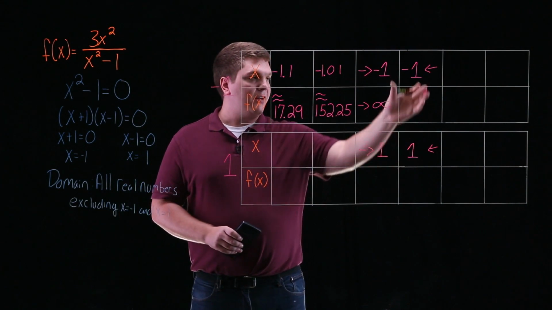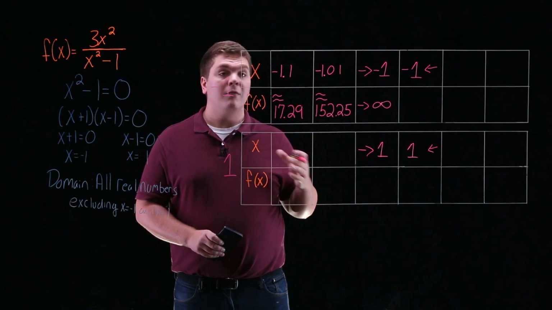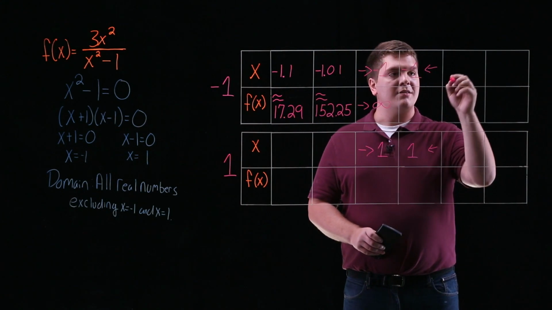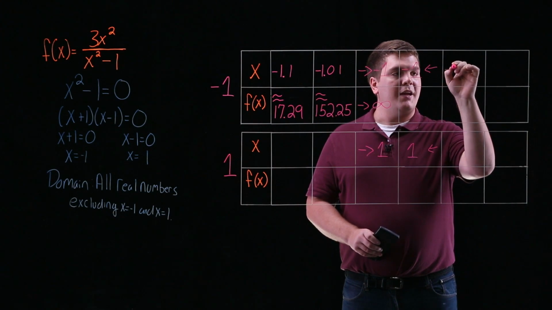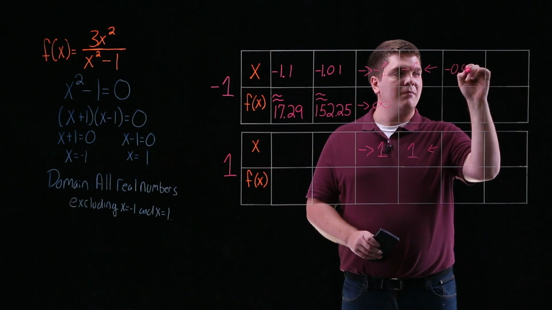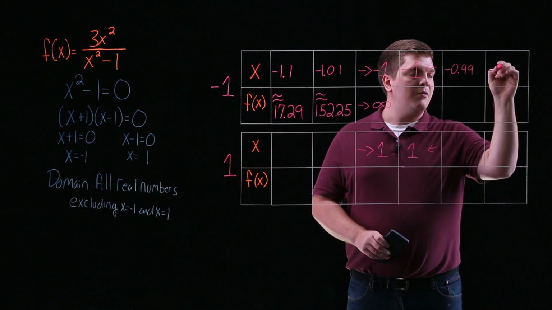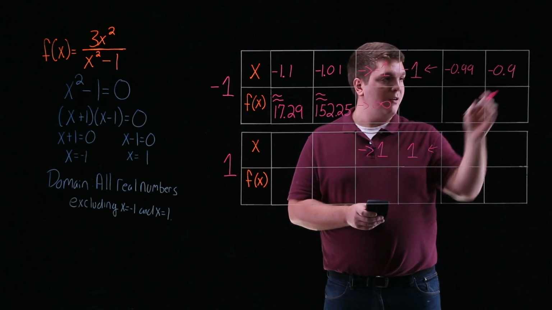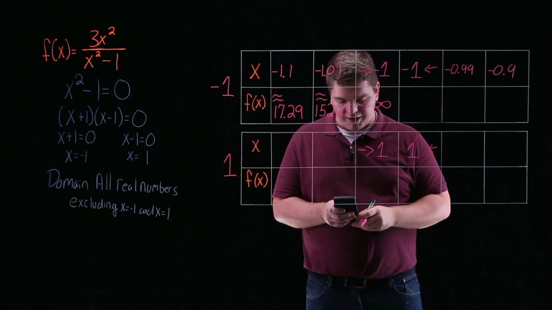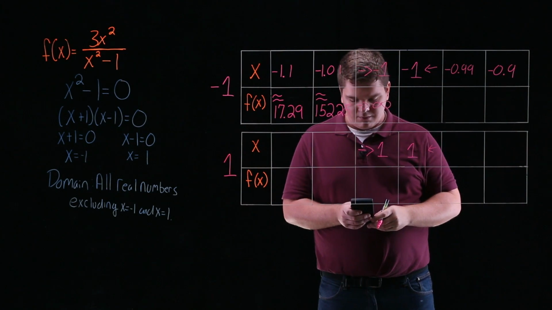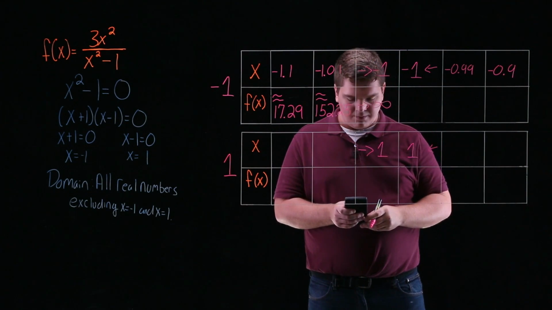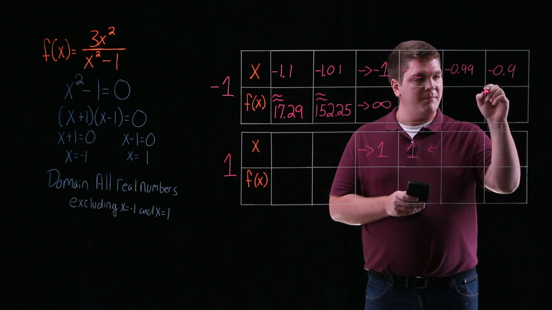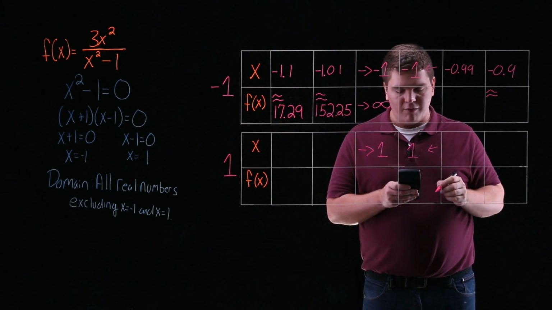Now we're going to do the same thing as x approaches negative 1 from the right. Here, let's think about some numbers, say negative 0.99 and negative 0.9. Let's start by evaluating our function at negative 0.9. The function value here is approximately negative 12.79.